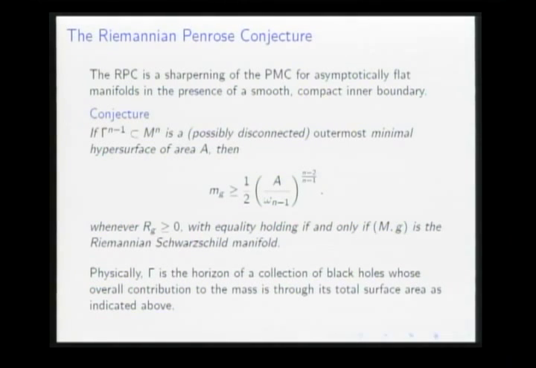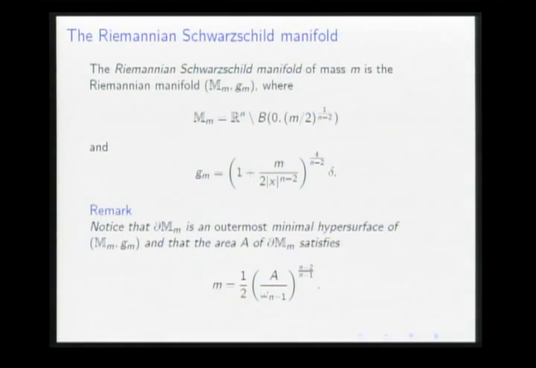You have to ask non-negative scalar curvature as well. And the equality holds if and only if this manifold is the Riemannian Schwarzschild. So you actually have a one-parameter family of manifolds now that give you the equality.